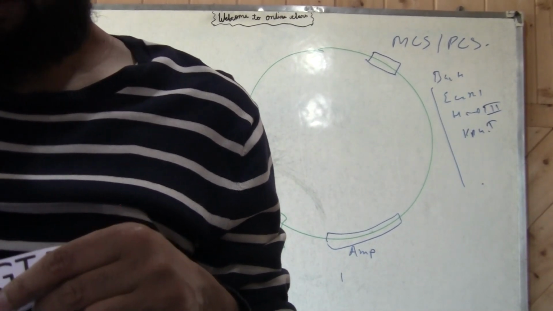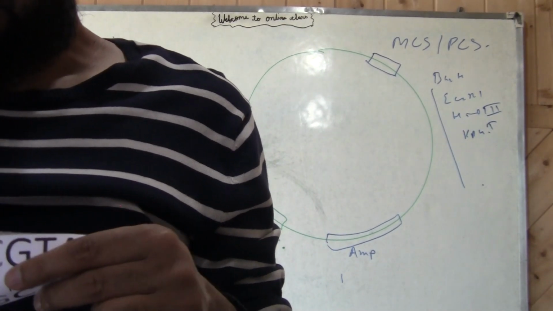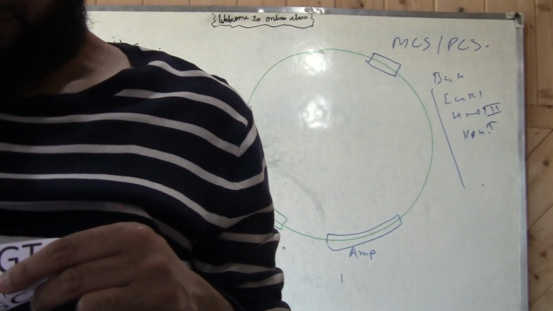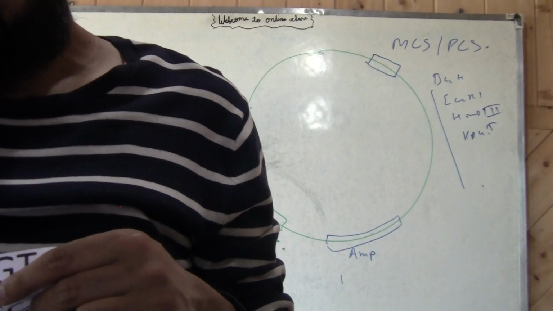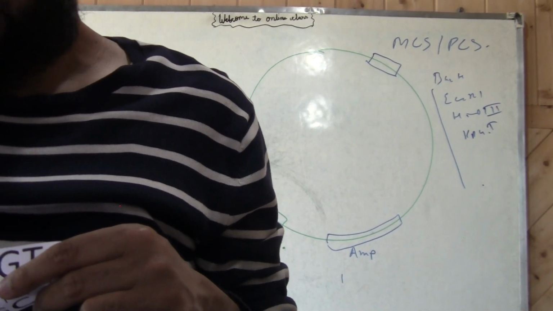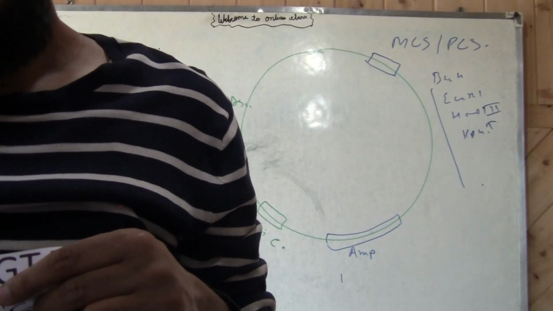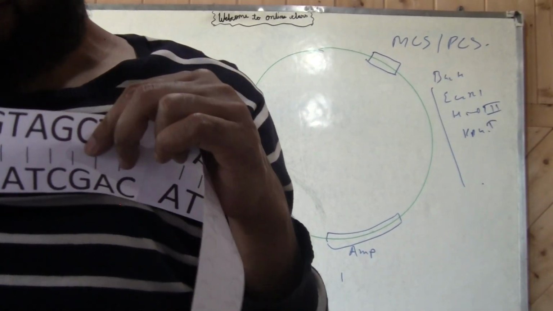Can you be a little bit louder? Can you be louder? Yes. Who is it? Oh, good. So it's the recognition sequence of EcoR1.